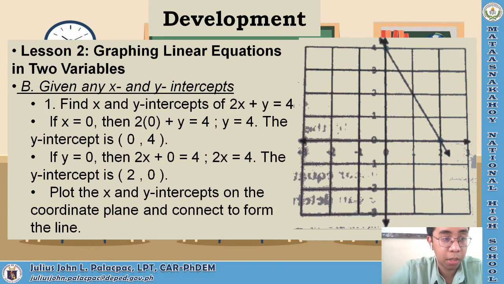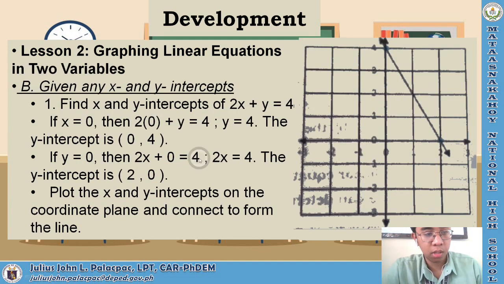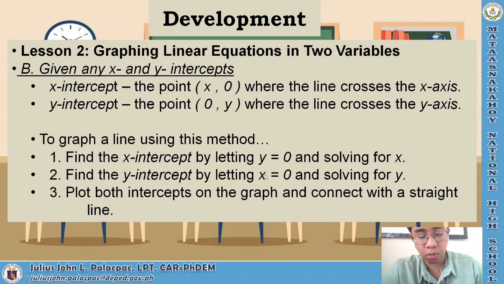Okay, we have here, find the x and y intercepts of 2x plus y is equal to 4. So in here, we have a standard form linear equation. First, if we are looking for the x-intercept, we will let y be equal to 0. If we are looking for the other one, we will let x be equal to 0.